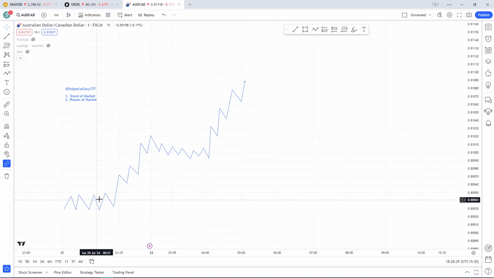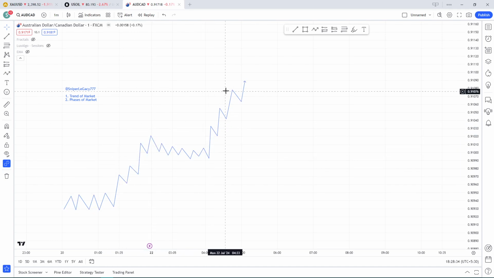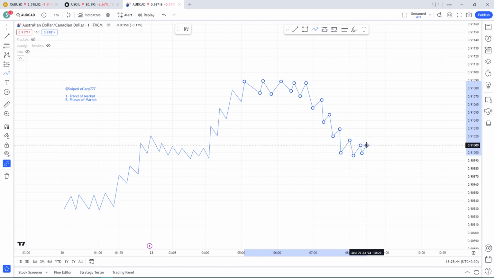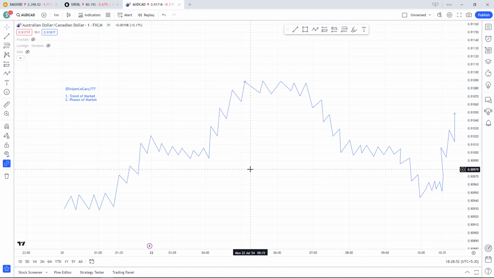So we have accumulation, then uptrend, and again an accumulation, and then uptrend. So now what happens is we again have some kind of condensation, we have a downtrend, we have condensation, downtrend, accumulation, uptrend. So this is how the market will move.